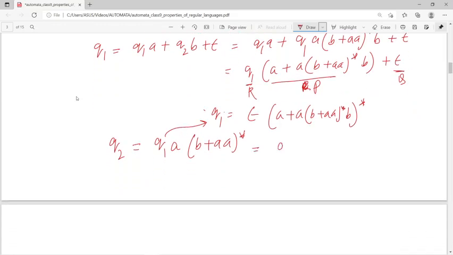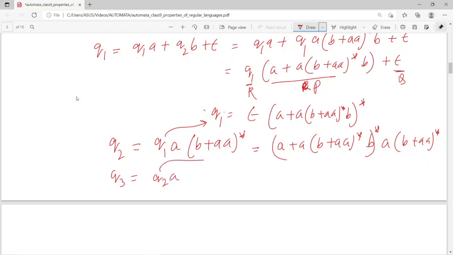That means a plus a b plus a star b, and this is star a b plus a star. And again that q3 is nothing but q3 is q2a. You just replace it and you get the answer.